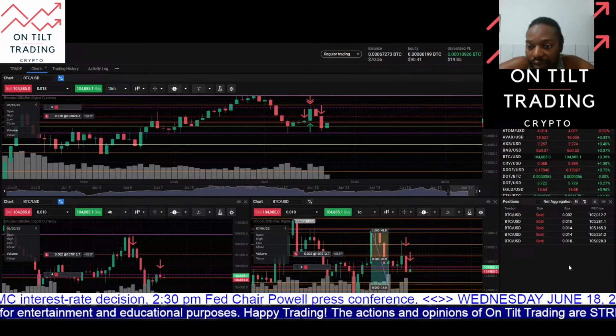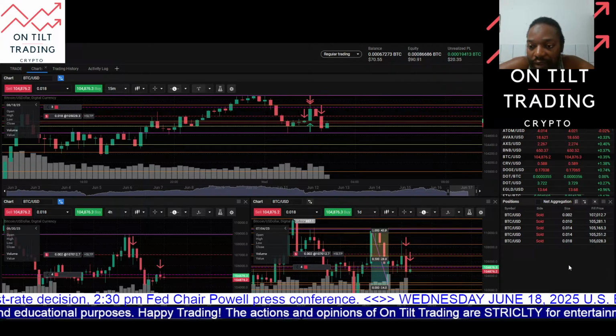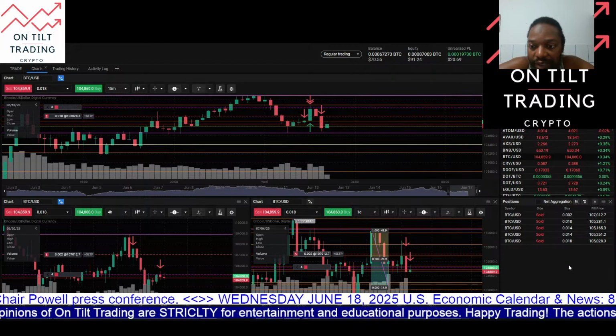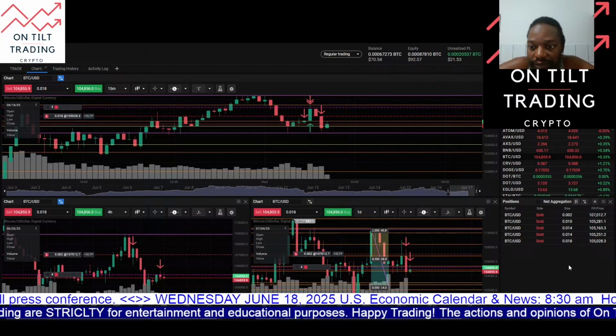Not a big reaction off of this level, but a reaction, and now some consolidation, and now price being delivered back to the sell side.